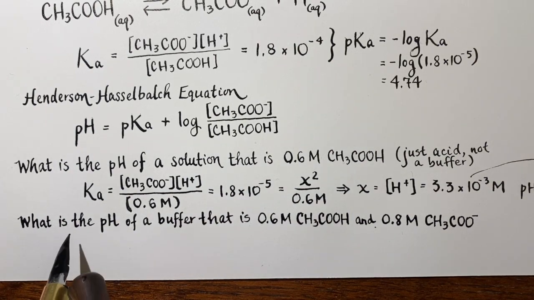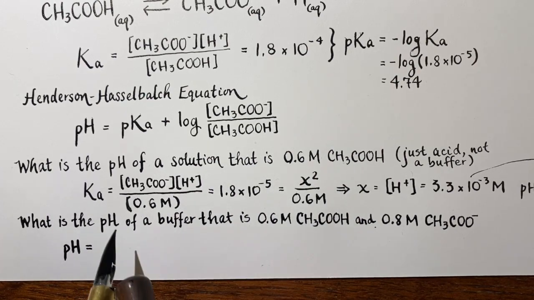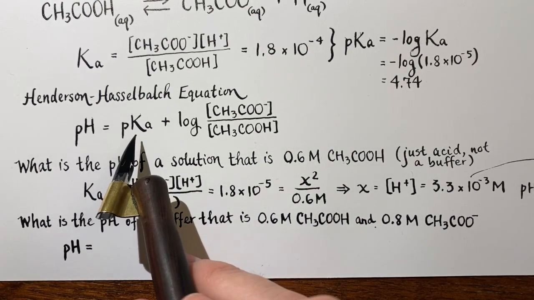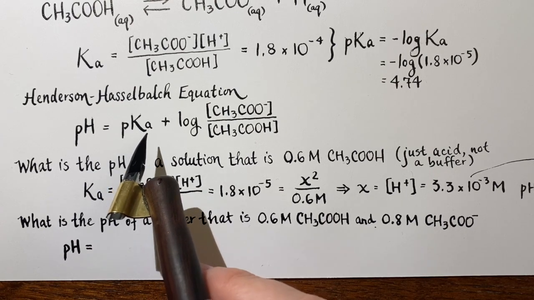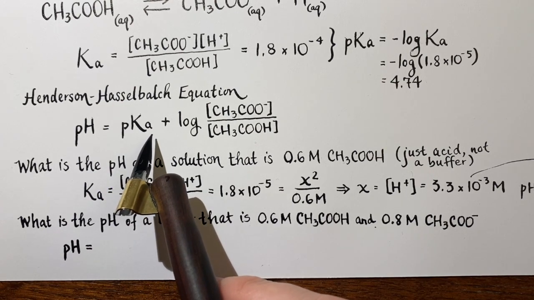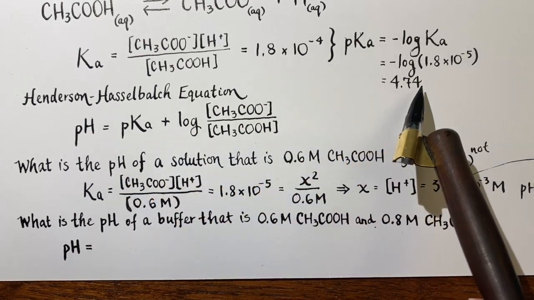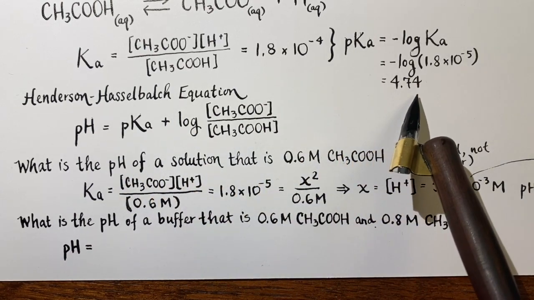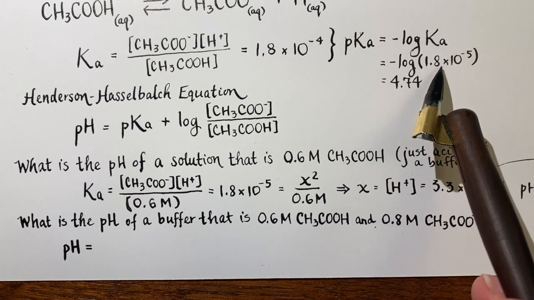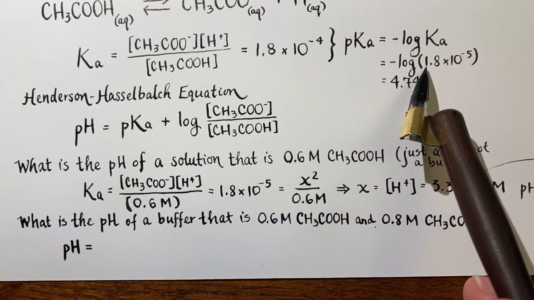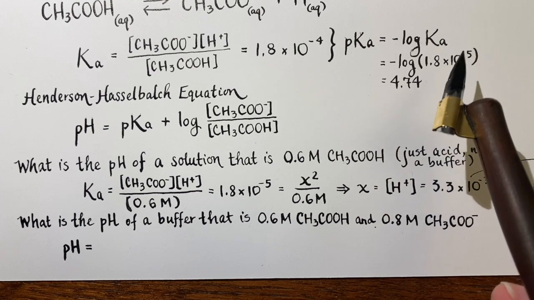Our equation: pH equals our pKa. Do we know the pKa of acetic acid? Why, yes, we do. We calculated it earlier. This is a very specific value for acetic acid.